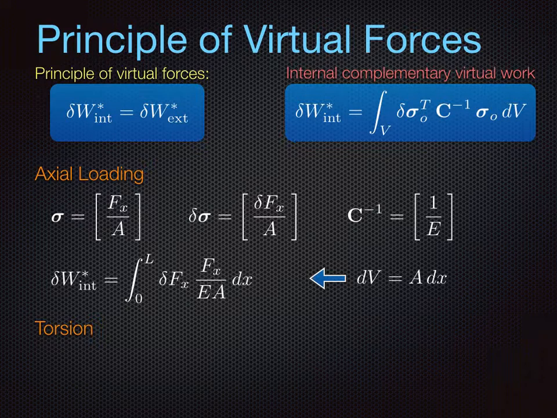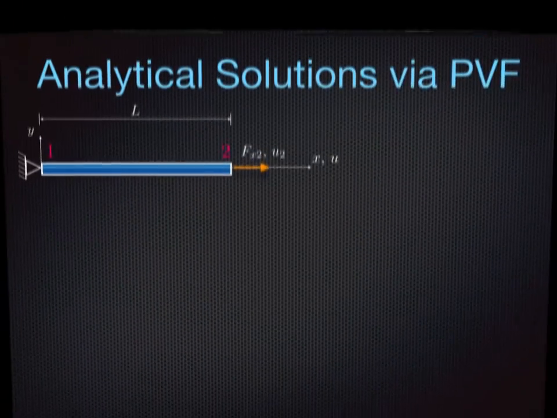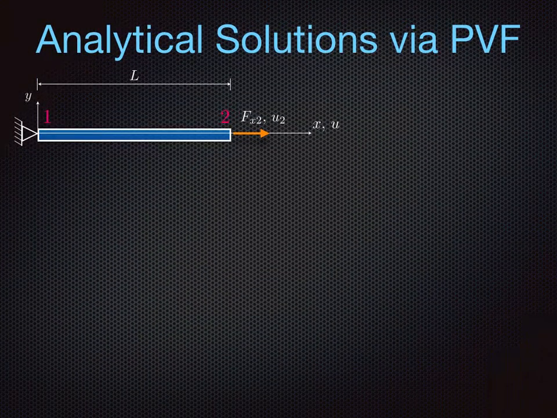When we have torsion, we can work out the details as we have seen before when we discussed torsion, but the internal complementary virtual work can be simply carried out by taking the product of the virtual internal torque with the real torque divided by the torsional stiffness GJ of the system integrated over the entire length of the member.